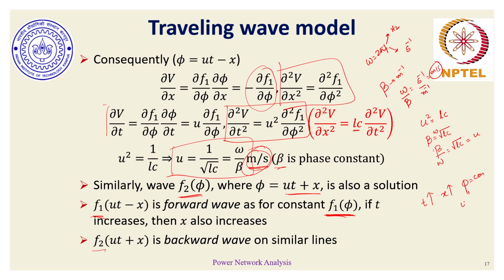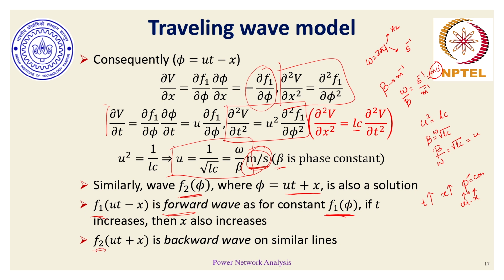Remember, phi was ut minus x. If t increases, for phi to remain constant, x also has to increase. As time progresses, x increases. That means we are moving away from the sending end, reaching towards the receiving end, and that's why we call the F1 wave the forward wave.